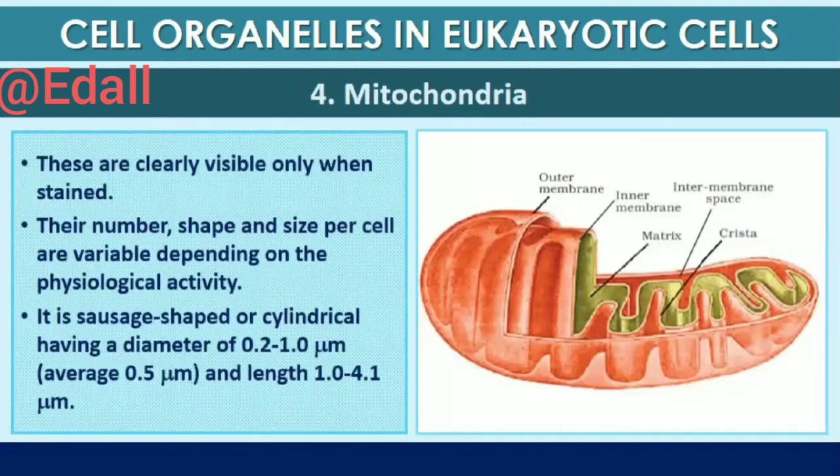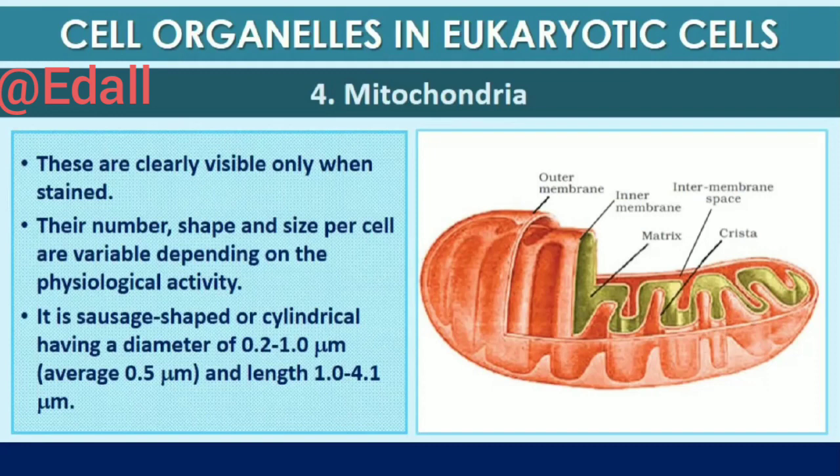8.5.4 Mitochondria. Mitochondria, singular mitochondrion, unless specifically stated, are not easily visible under the microscope. The number of mitochondria per cell is variable depending on the physiological activity of the cells. In terms of shape and size also, considerable variability is observed.